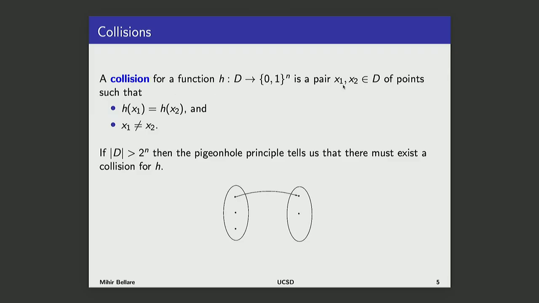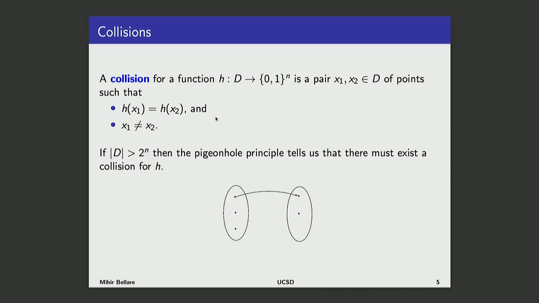A collision is 2 points which lie in the domain, and where when you evaluate the function, you get the same output. So pretty intuitive, right? Just the output on these 2 inputs is the same, they form a collision. To be non-trivial, there's another condition that you don't actually pick the same points. That would be silly. Obviously, if x1 equals x2, h of x1 equals h of x2, but it's not really interesting.